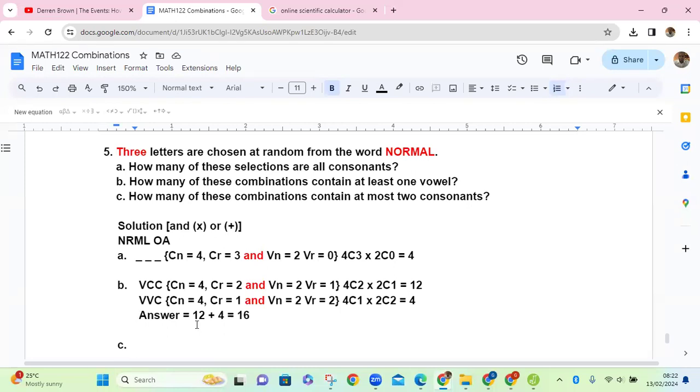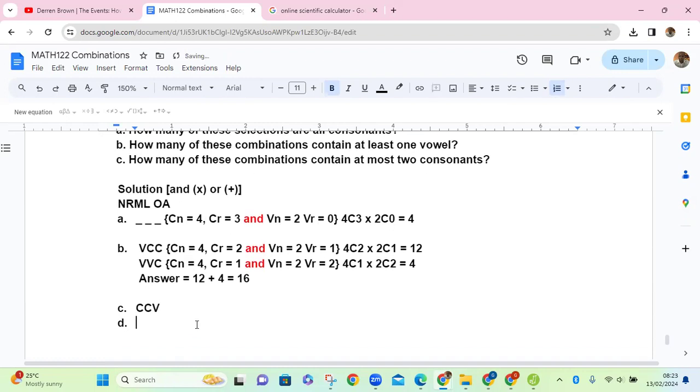The maximum is two consonants. So we've got two consonants and one vowel, or one consonant and two vowels. Which, as you can see, is asking part B in a different way.